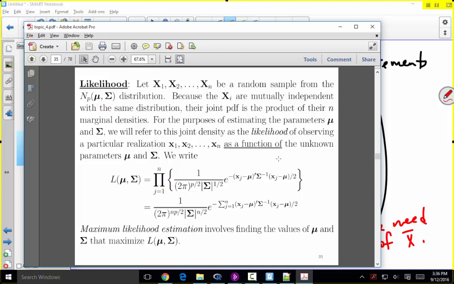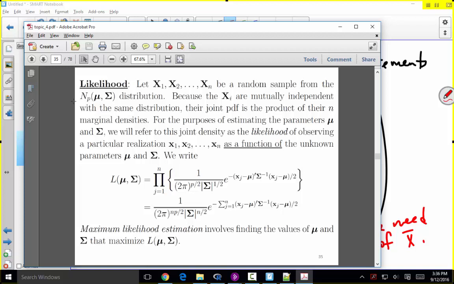A likelihood is something you would talk about in the context of observing a random sample. So suppose we're going to take a random sample of n observations from, let's say, the multivariate normal distribution. So x1 through xn, each one of these is a p vector, and they come from some distribution.